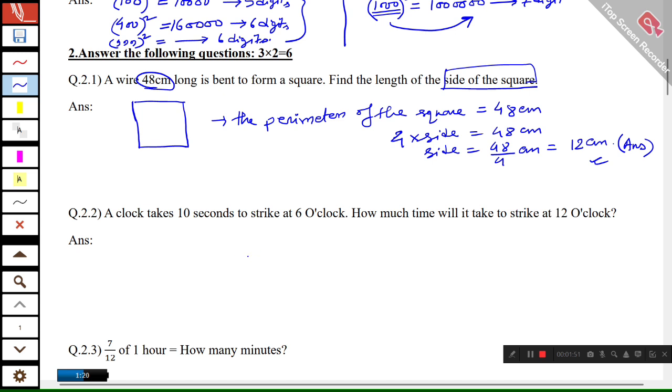The 6 o'clock means ছখানা ঢং ঢং ঢং করে বলছে, ঠিক মানে ঢং ঢং ঢং ছটা। So there is an important thing: 6 strikes in 6 o'clock, the clock strikes 6 times, but the interval is the measurement of the time. So 6 strikes mean there are 5 intervals, ঢং ঢং ঢং ঢং এভাবে ছটা যদি পড়ে, so the interval is 5. So 6 strikes is 5 intervals.